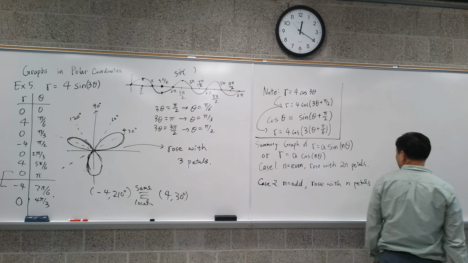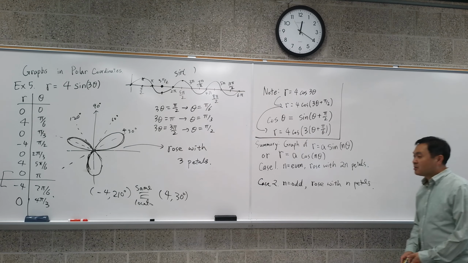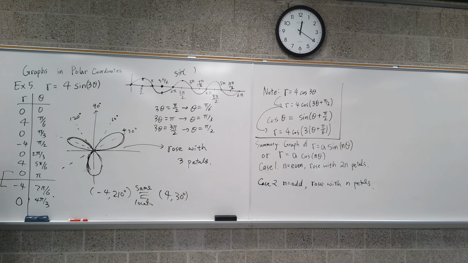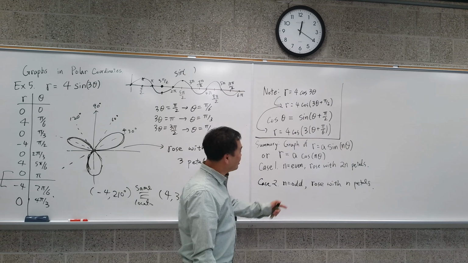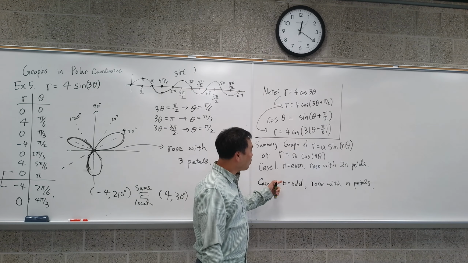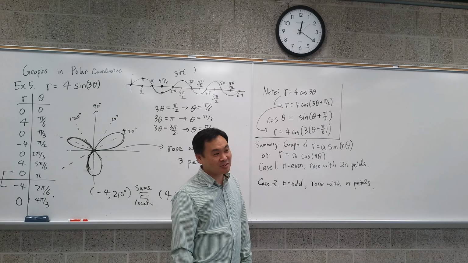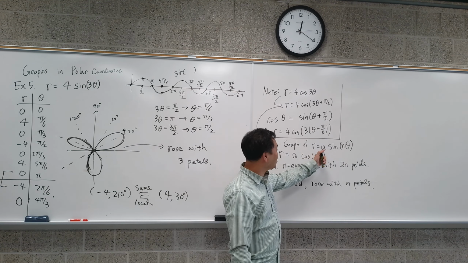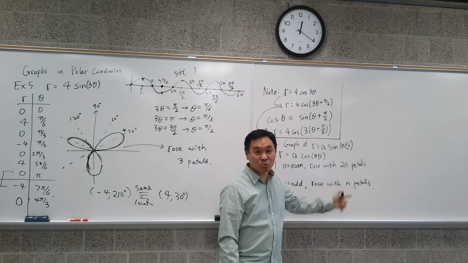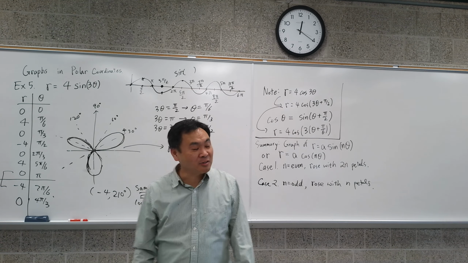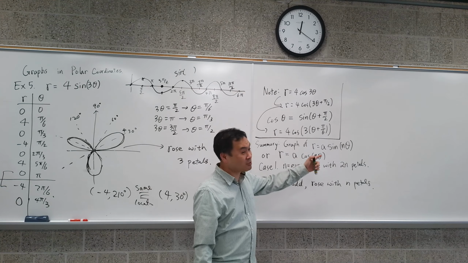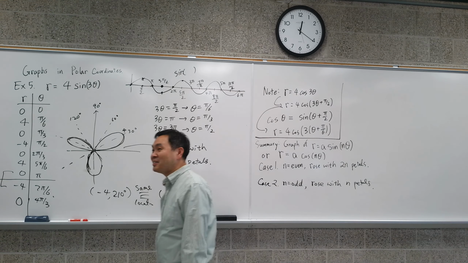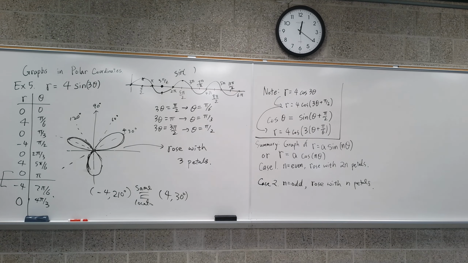So that's what happens. Now that means, I find this a little disturbing, but that means you can't draw roses with 6 petals this way, right? Because if you put r equals to sine 6 theta, that's going to give us 12 petals, right? But if I do r equals sine 3 theta, you're only going to get 3 petals. So that means you can't get a 6 petal rose.